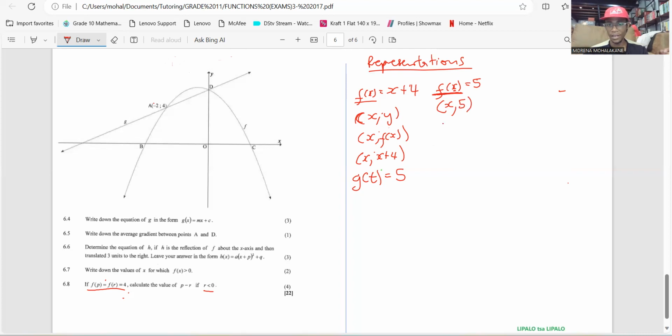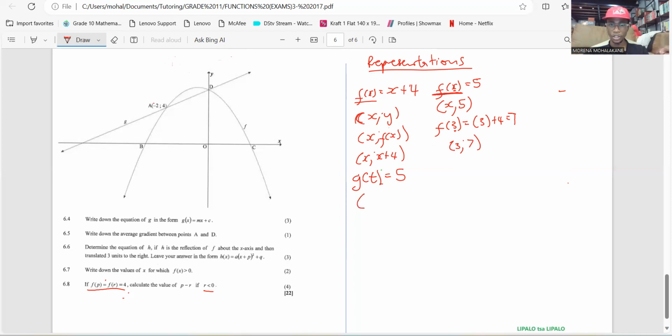And then let us say you have f at 3. From this example, you're going to have 3 plus 4, which is equal to 7. It means that the x value is 3 and the y value is 7. Hope we're good on that side. You need to comprehend that fully.